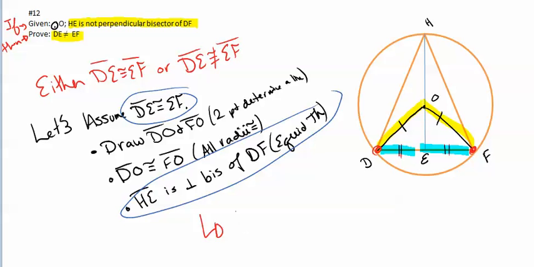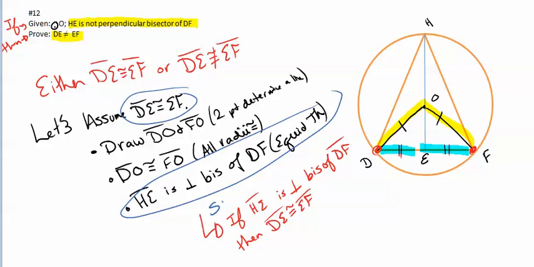So we can now say that if HE is a perpendicular bisector of DF, then DE congruent to EH. Since DE is not congruent.